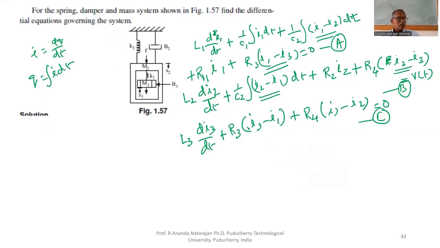Here, I3 minus I1 and I3 minus I2, again adjacent loops. But if you see that first loop and second loop are adjacent, no problem. We have already seen such a type.